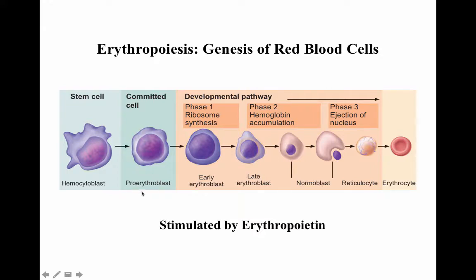Here we're looking at a proerythroblast that then enters a developmental pathway where we see ribosome synthesis and hemoglobin accumulation, so pulling in these heme units and the hemoglobin, then ejecting the nucleus and becoming a full-fledged erythrocyte. And all of this is stimulated to occur by erythropoietin.